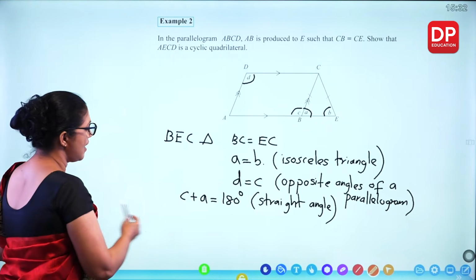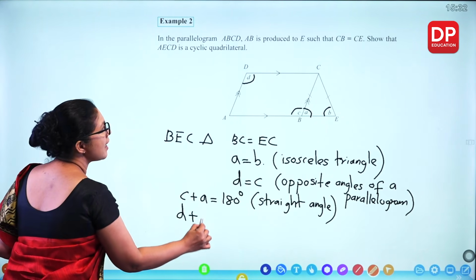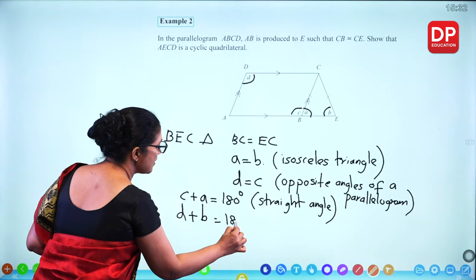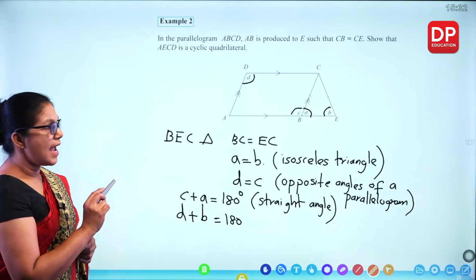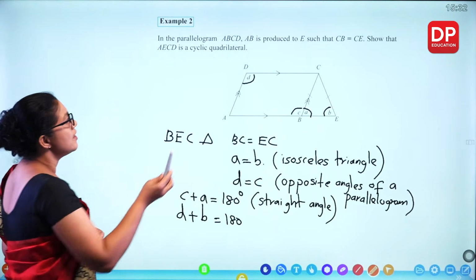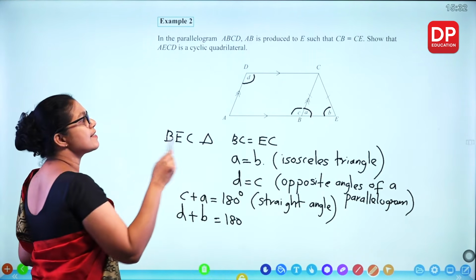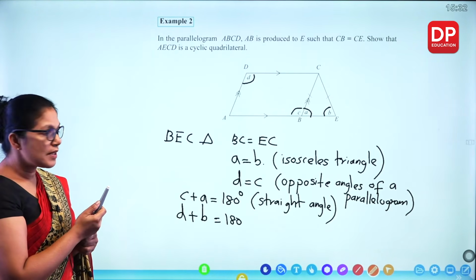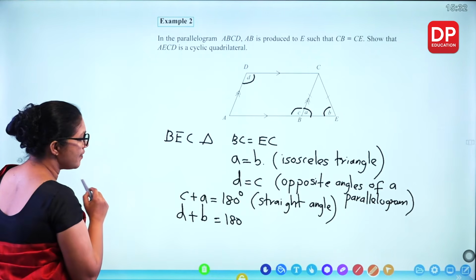Instead of C, I can put D. Instead of A, I can put B. D plus B is 180. So these are opposite angles of a cyclic quadrilateral. So opposite angles are supplementary, means this is a cyclic quadrilateral according to the converse theorem. So D plus B is equal to 180.